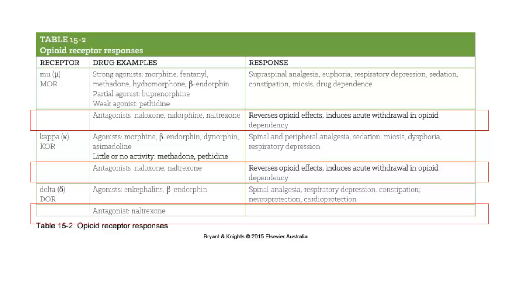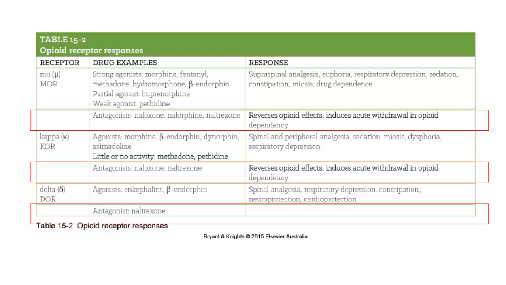If we look at the antagonists for any of the mu receptor drugs, then we're looking at naloxone, naltrexone, and nalmefene. And they reverse the effects, and induce quite sudden withdrawal from the drug.